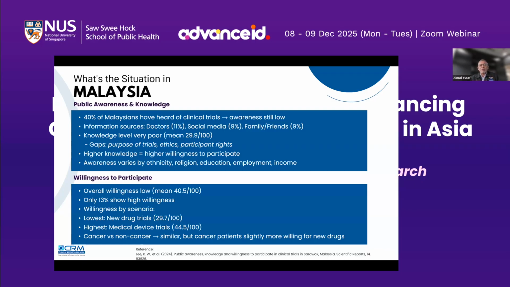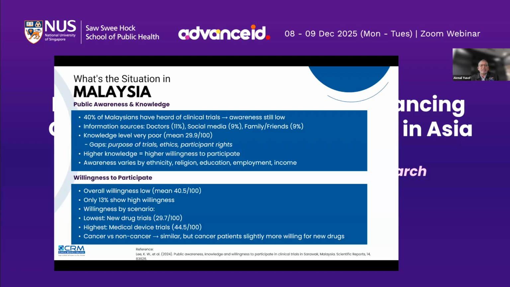It looks like it is balanced, but having said that, the awareness is based on what was alluded to earlier: ethnicity, religion, level of education, and also the social category of the people. Overall, we see that the willingness to participate in clinical research can still be improved, at around 40.5 out of 100.